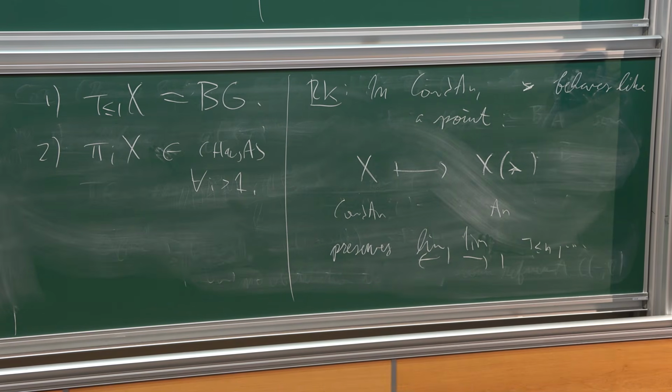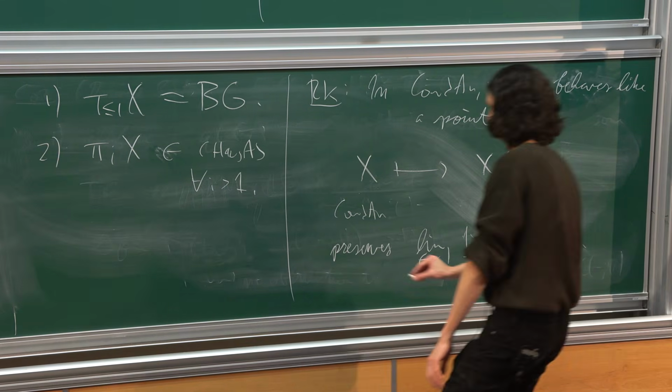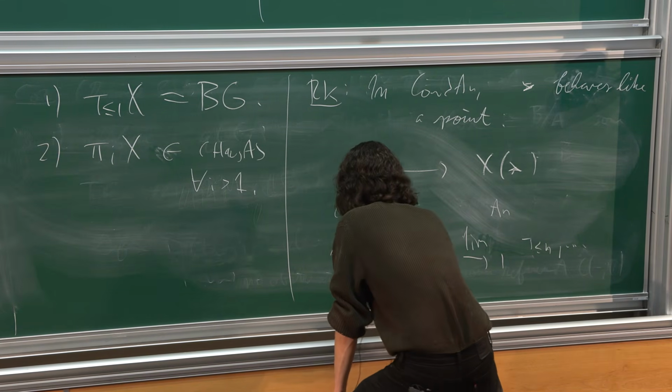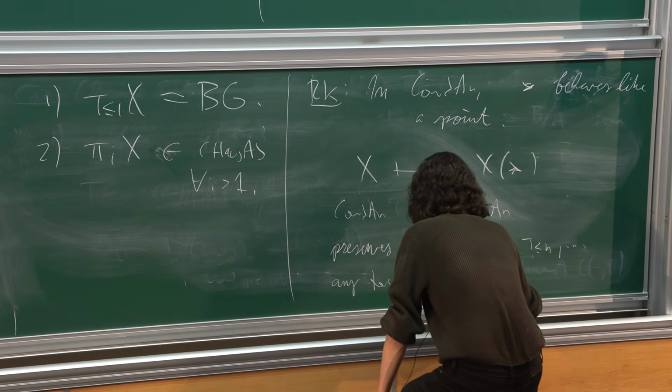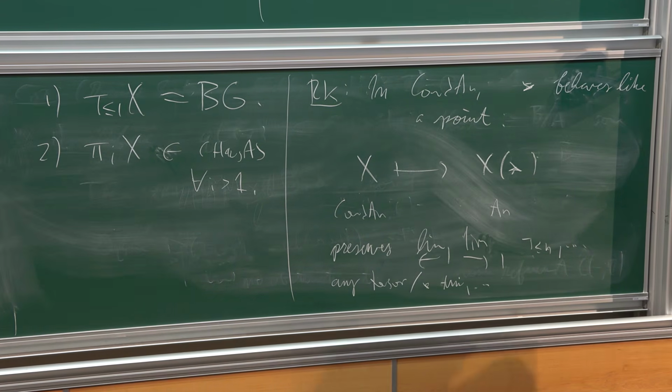So in the topos sense, the final object defines a point of the topos? That's correct. It's a point of the topos. So any torsor over the point is trivial. Any surjection to the terminal object admits a section.